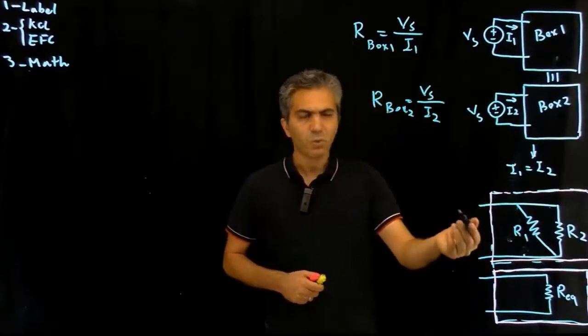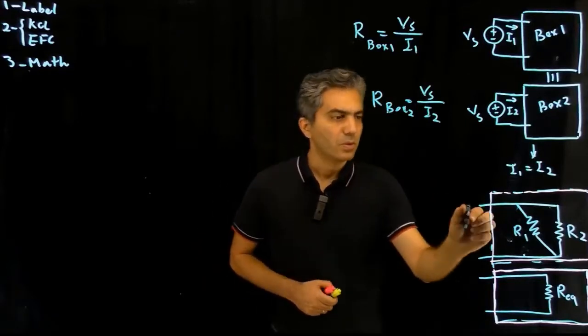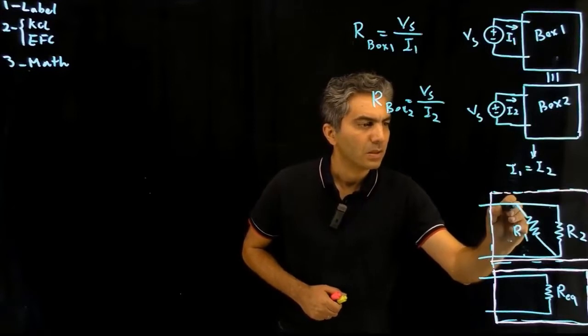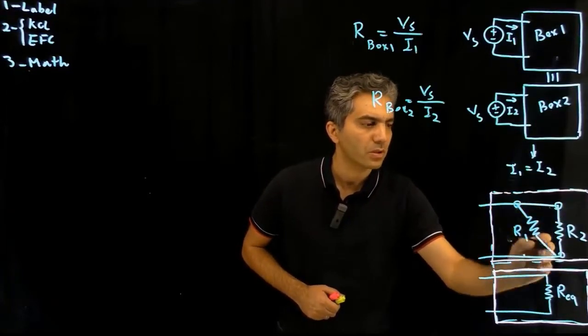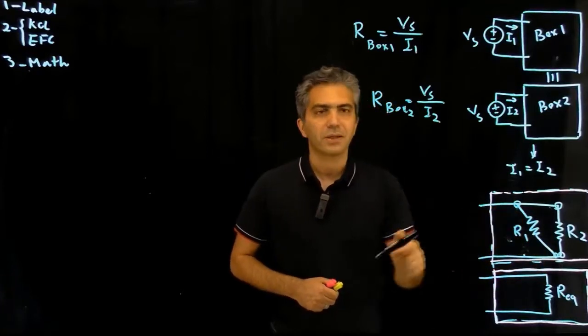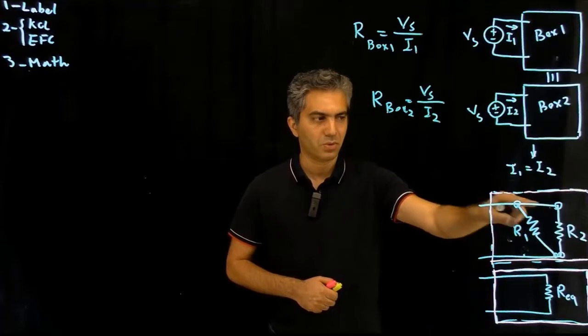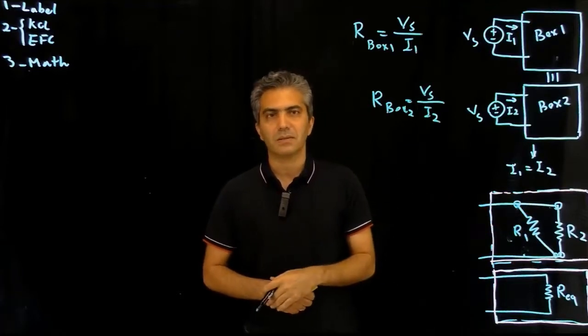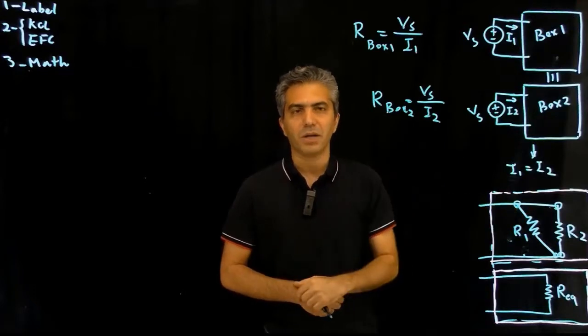So what does a parallel connection mean? If you notice, the node across R2 and the node across R1 are actually the same, because they are connected through zero resistance wires.